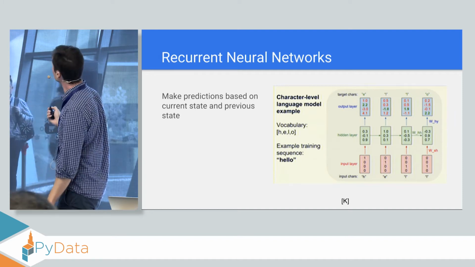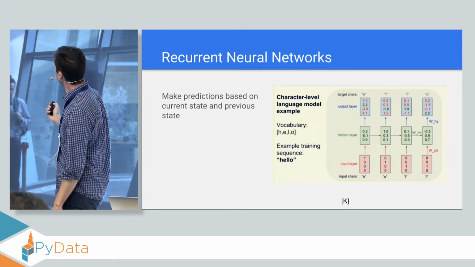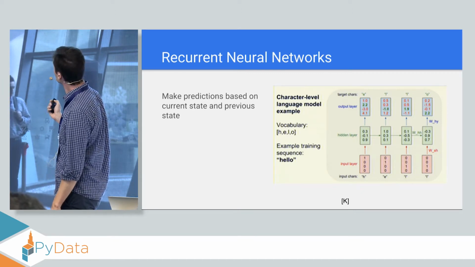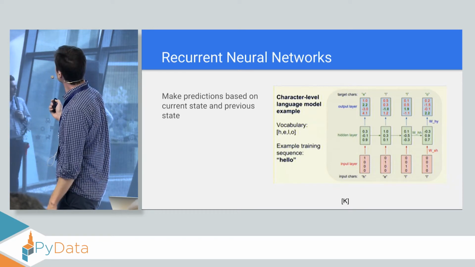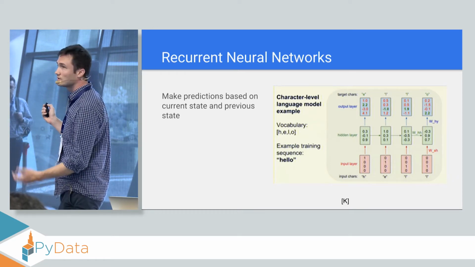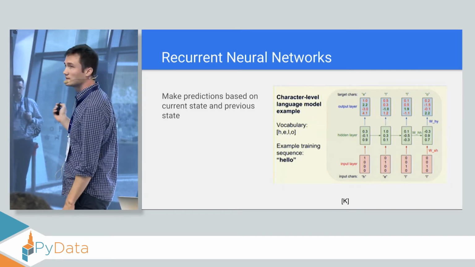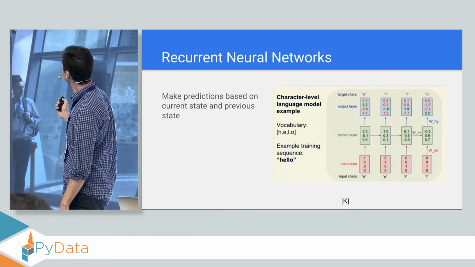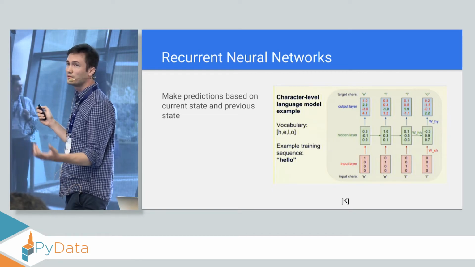The way that roughly works is you have an input layer and matrix multiplication to the hidden layer, which then has an activation function applied and produces an output layer. Then at further time steps, the hidden layer is affected by both the new input that's coming in and also by the previous hidden layer.